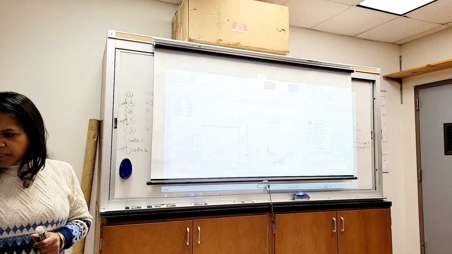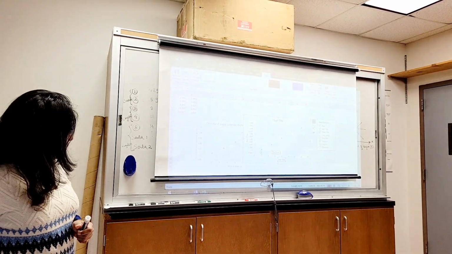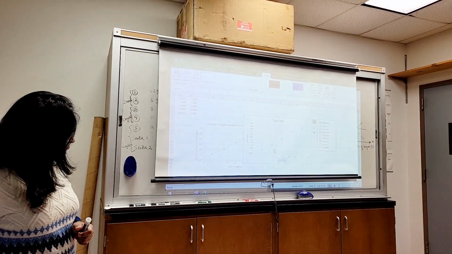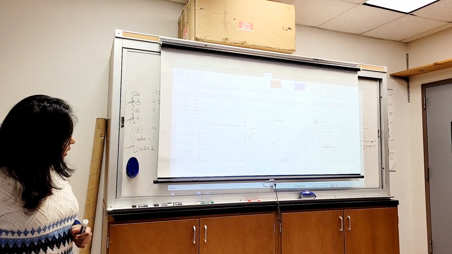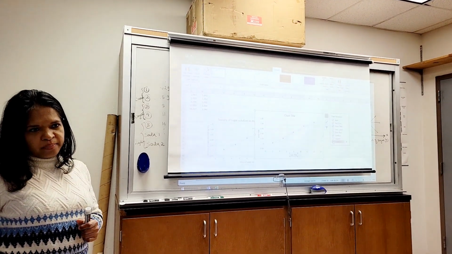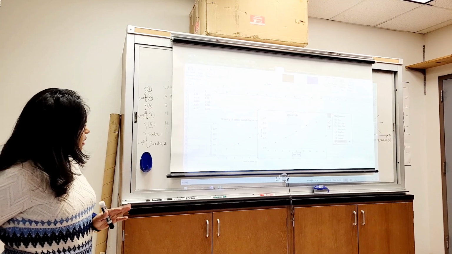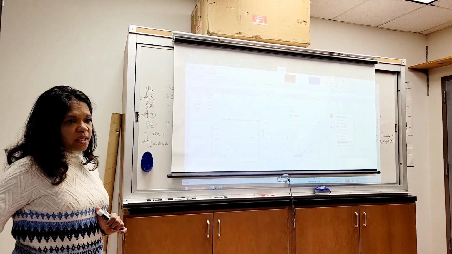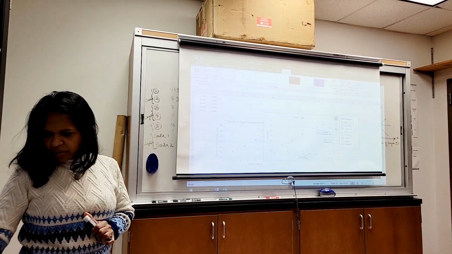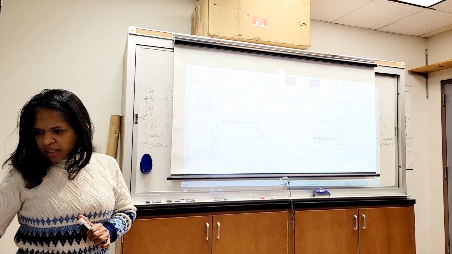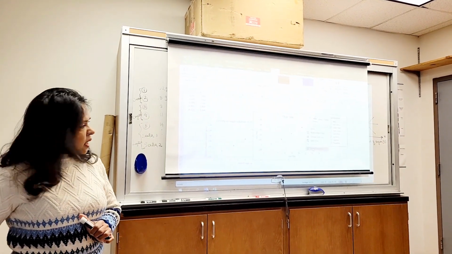Okay, and then after you have your data, we want to draw a trend line. So you go over here and click trend line. What's important for us is the equation for the graph. So you go here, right click, and then click format trend line.